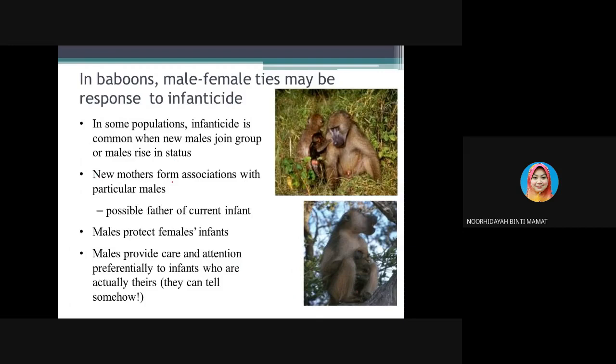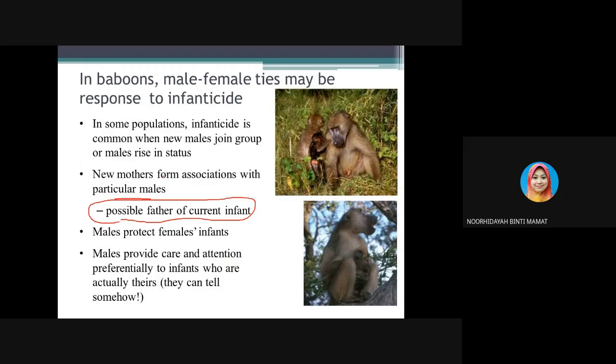So the mother forms associations with particular males, the possible father of the current infant. The males will protect the female's infant. The males provide care and attention preferentially to infants who are actually theirs, and normally they can detect whether the infant belongs to them or not.